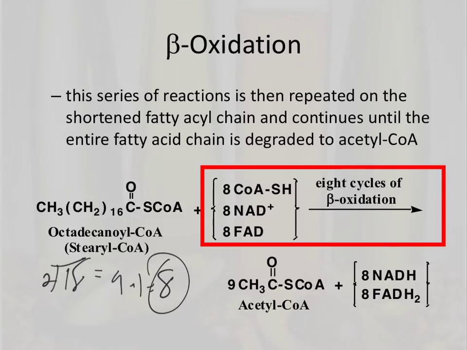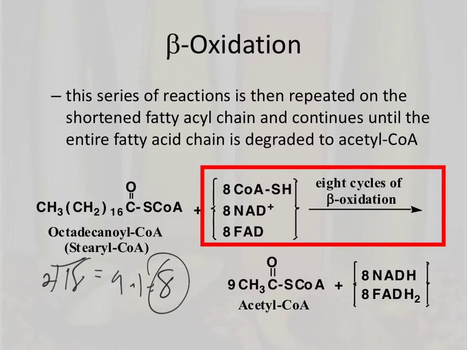Each one of those can go up to make 1.5 ATPs. And so we can see this is where we get a lot of energy, a lot more than you do from just a glucose going through glycolysis and the citric acid cycle. So 2.5 times 8 would be 20 here, and 1.5 times 8 would be 12. So up to 32 ATPs. So you can get a lot of energy out of this system.